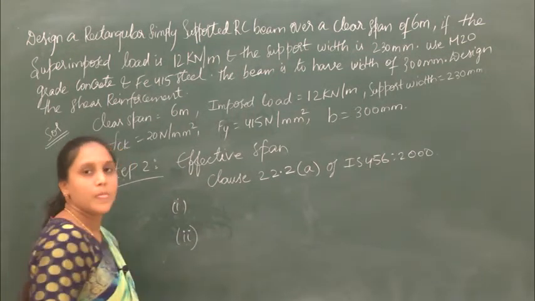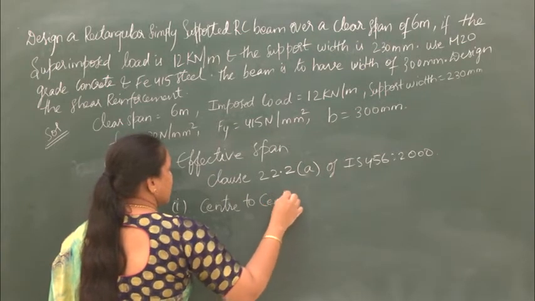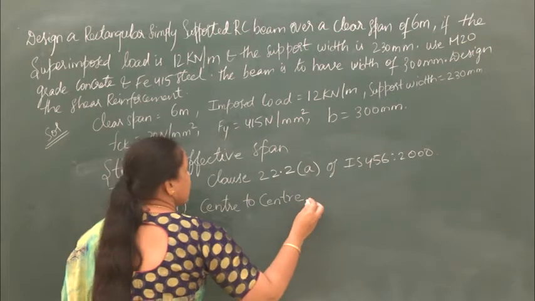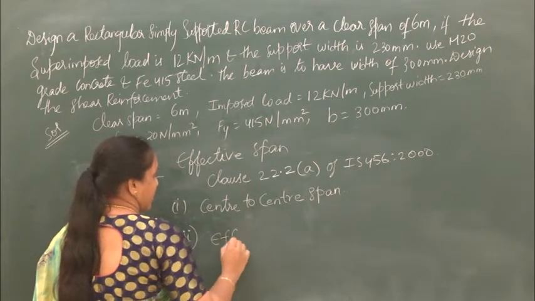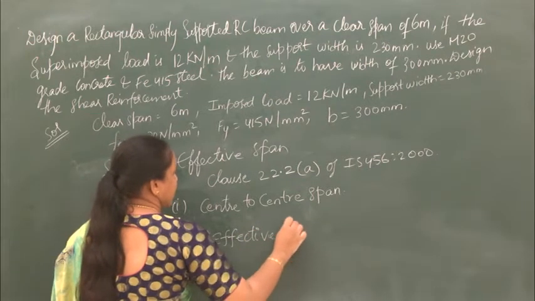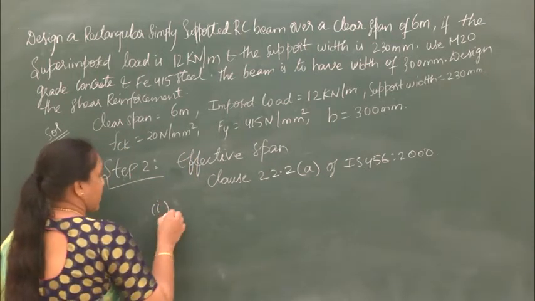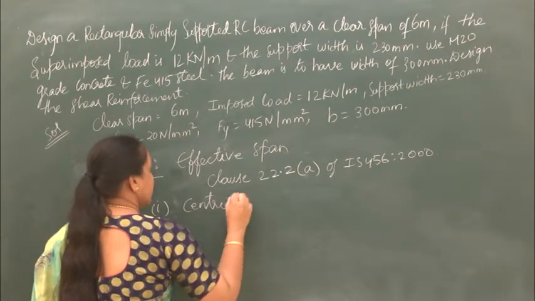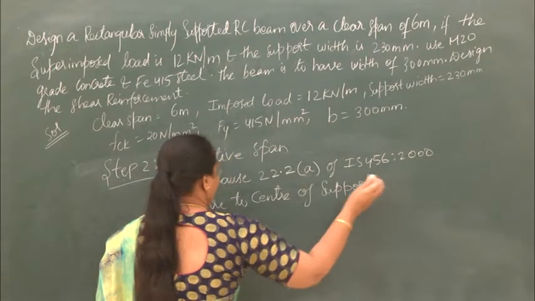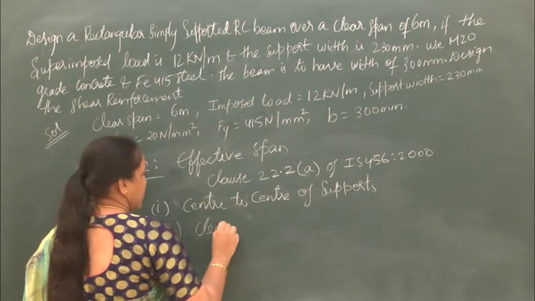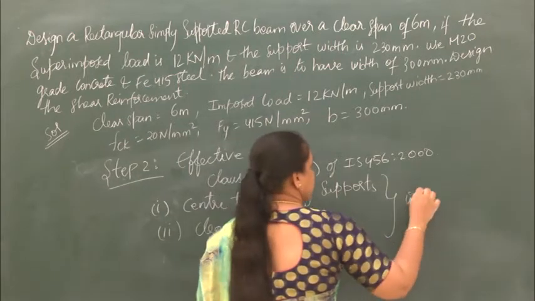The effective span can be taken as the center to center of supports, and the other one is clear span plus d, whichever is less.